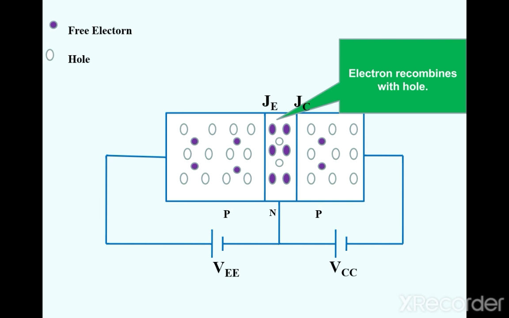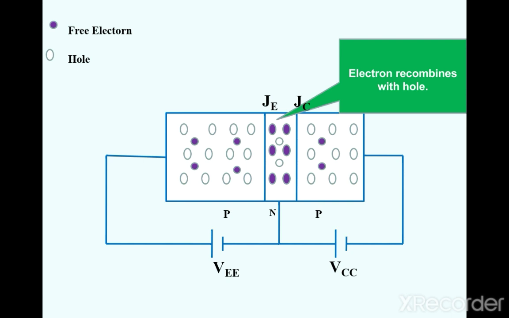When we connect the emitter and base junction in forward biased mode, there is a repulsive force. Due to this repulsive force, the holes from the P side cross the depletion region and enter into the base. In the base, the majority carriers are electrons. The base is lightly doped, so only a small amount of electrons exist.